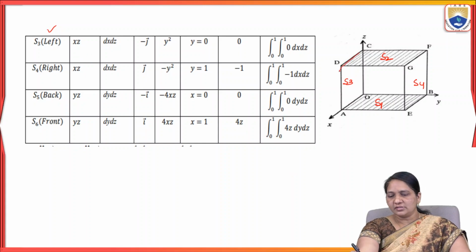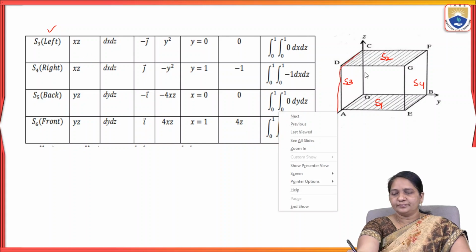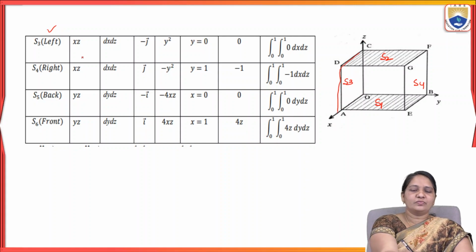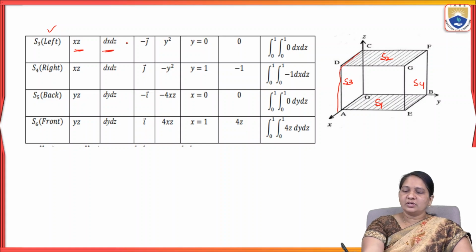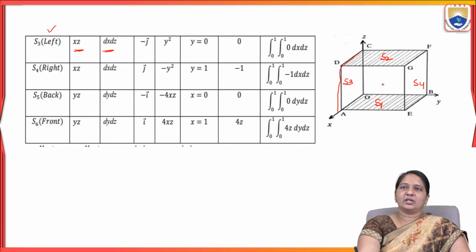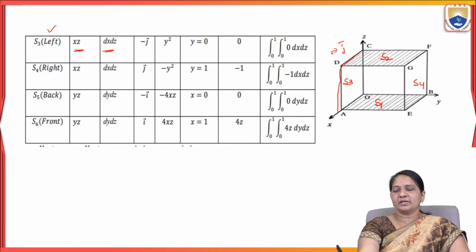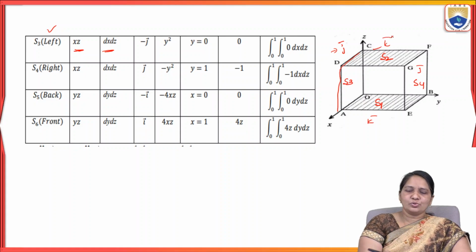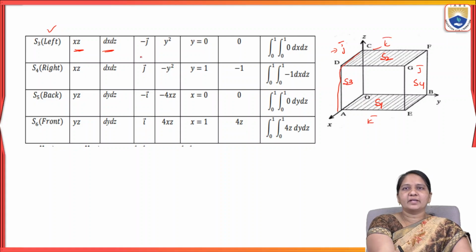In which plane is this? The xz plane, so we will take dx dz, here along the y-axis. So what is the vector we are taking? That is j bar. Here we are taking minus j bar, which means positive, and here minus k bar.